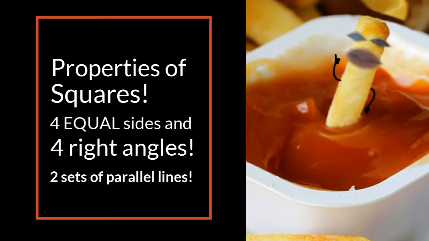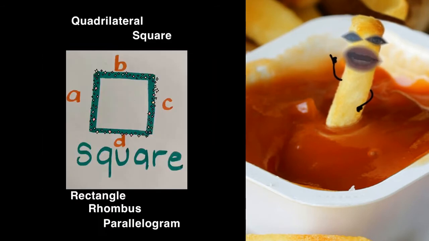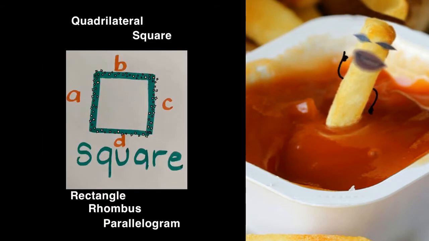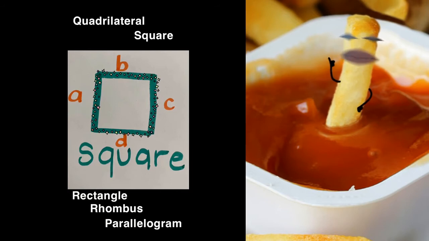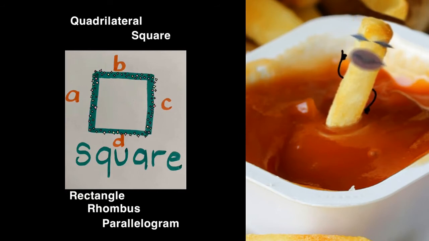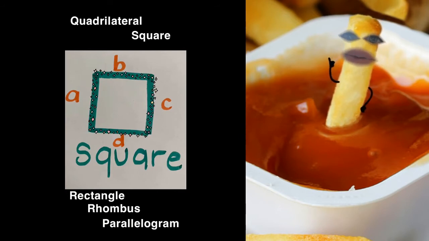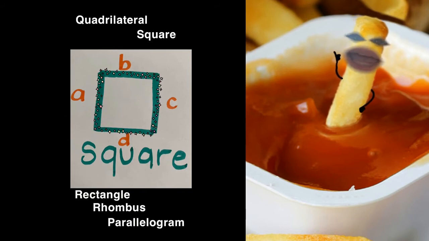So the rules to be a square are that you have to have 4 sides, 2 pairs of opposite sides are parallel, you have to have 4 right angles, and 4 equal sides. So, squares can also be rectangles, squares can be parallelograms, and squares can also be called a rhombus. So squares are anything but square.